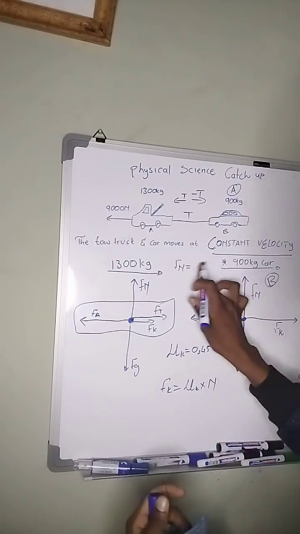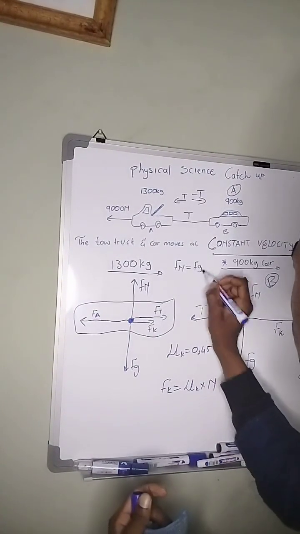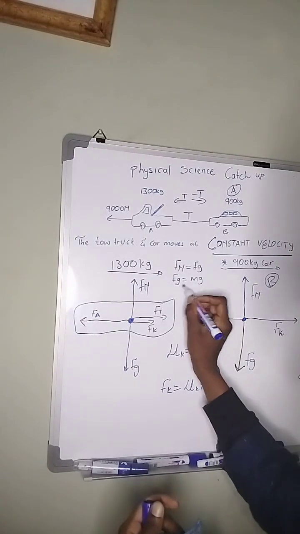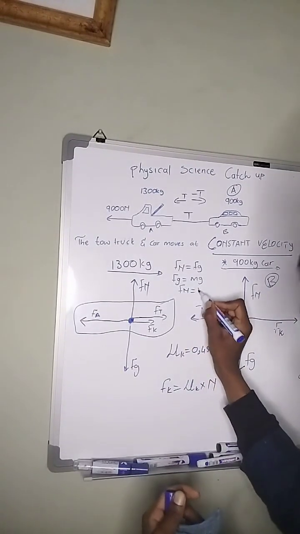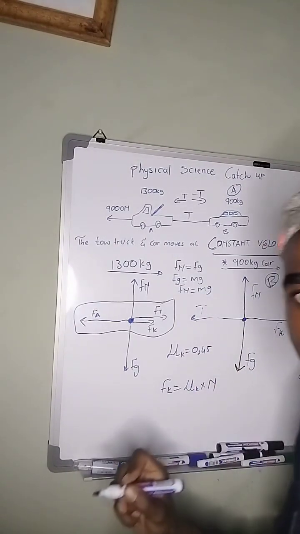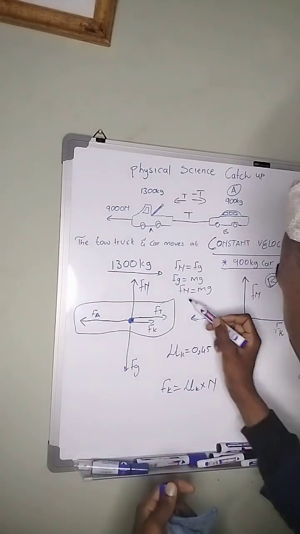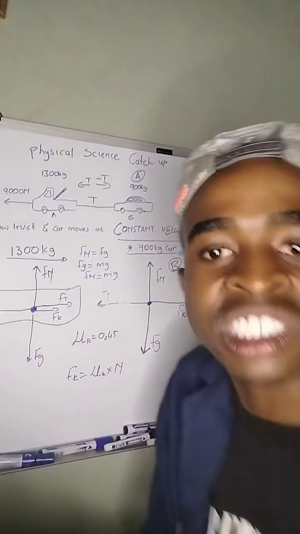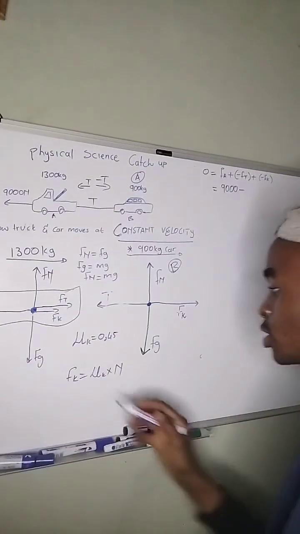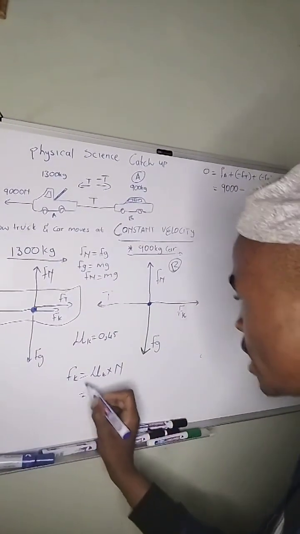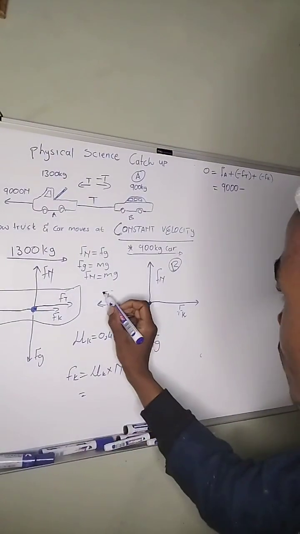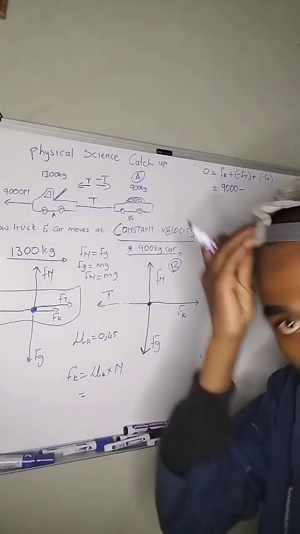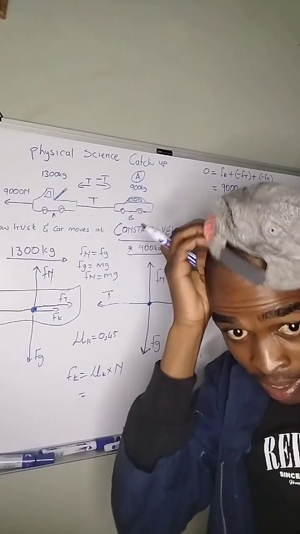Fg is equal to mg, so Fn is equal to mg. So with the Fk, we can get Fn of this 1,300 newtons. What is the value of Fn?